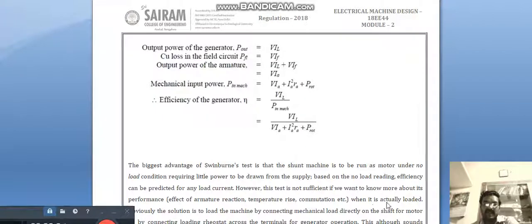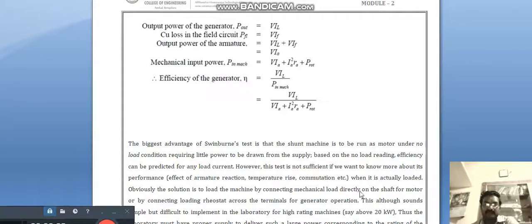When it is actually loaded, obviously the solution is to load the machine by connecting a mechanical load directly on the shaft for motors, or by connecting a loading rheostat across the terminals for generator operation.